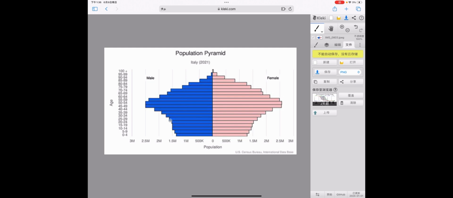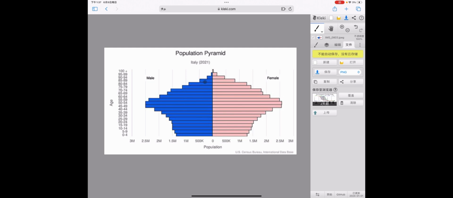And as we can see here, the bottom of the population pyramid is rapidly narrowing, meaning that this country has a low birth rate, and it's likely to be having a negative natural growth, or a natural decrease.